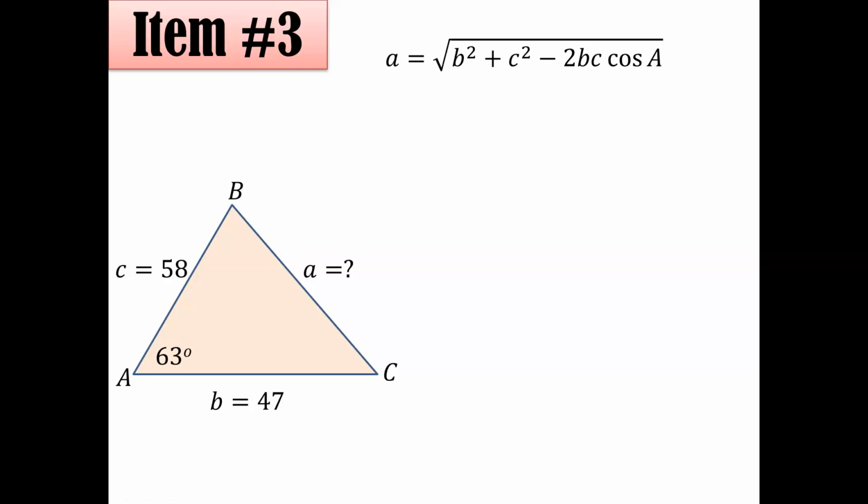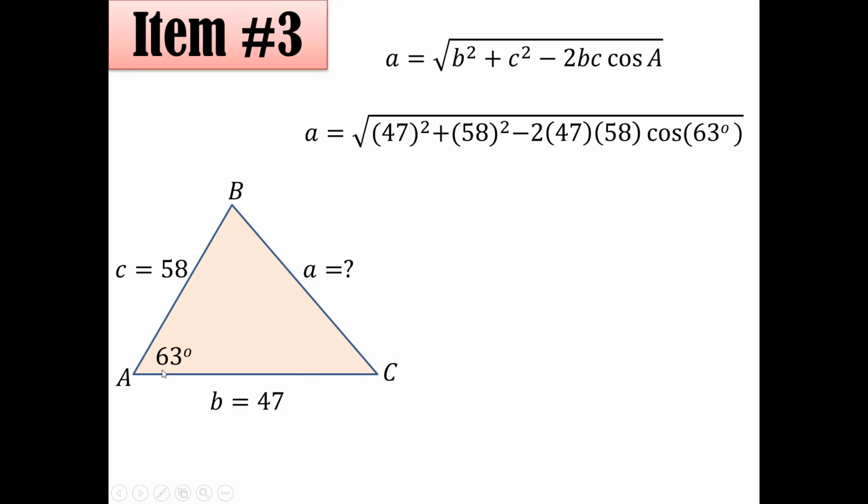So, cosine law po, which in this case, A is equal to the square root of B squared plus C squared minus twice the product of these two sides and the cosine of the angle between them. So by substitution po, A is equal to the square root of 47 squared plus 58 squared minus twice the product of 47, 58 and cosine of 63 degrees.